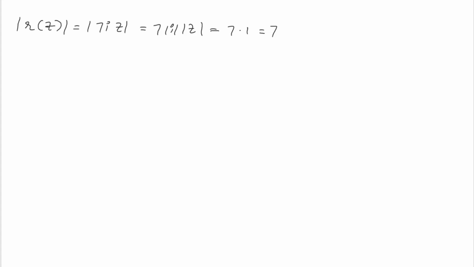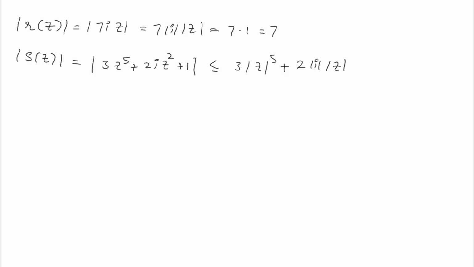But coming to the absolute value of the function s of z, that is the absolute value of the polynomial 3z to the power of 5 plus 2iz squared plus 1, this is less than or equal to 3 times mod z to the power of 5 plus 2 times mod i times mod z to the power of 2 plus 1.